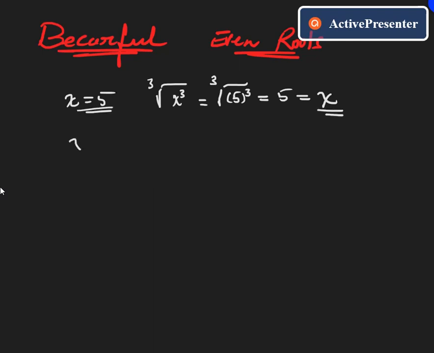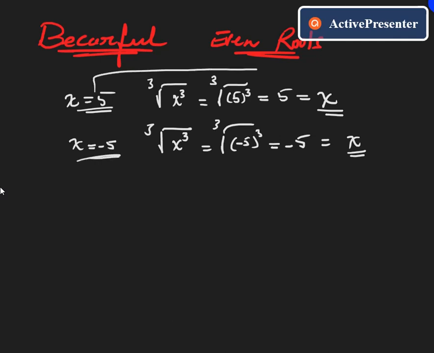When x equals minus 5, the cubic root of x cubed is equal to the cubic root of minus 5 cubed. This is equal to minus 5, which is equal to x itself, not minus x like the one we experienced before in even roots. So x here remains the same in both cases. Then we can say in the odd root you don't make any changes.